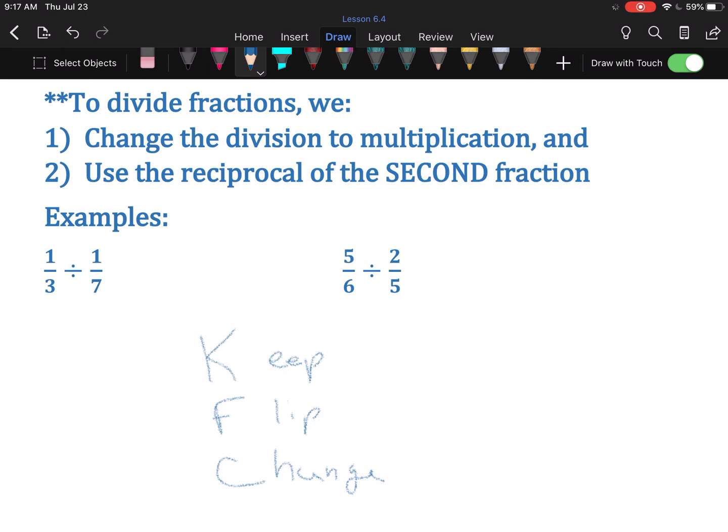Keep, flip, change. KFC, keep, flip, change. Keep the first fraction, flip the second fraction, change division to multiplication. So keep the first fraction, flip the second fraction, change division to multiplication. KFC.